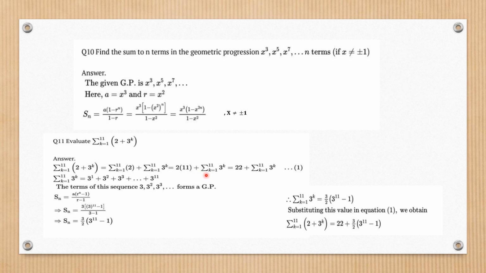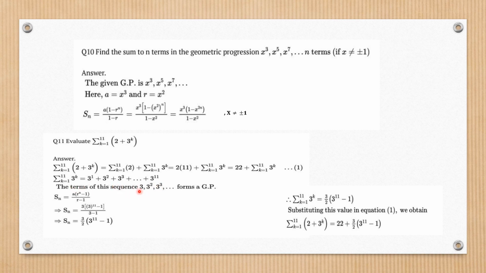That's simple. And the second one is summation k varies from 1 to 11 of 3 raised to power k, which can be solved separately. It is like 3 raised to power 1 plus 3 square plus 3 cube, and so on up to 3 raised to power 11. The first part was simply 2 into 11, 22. But for this, I have to apply the formula for the sum to n terms of GP.